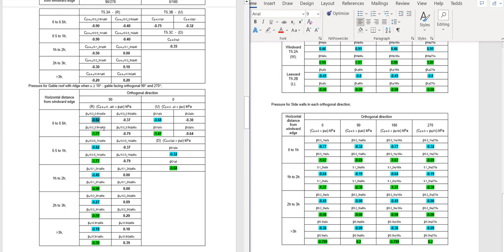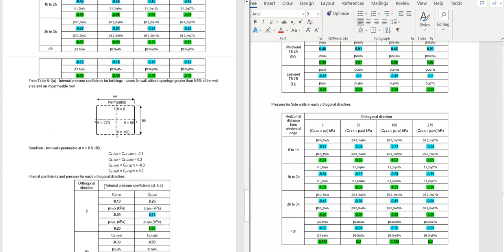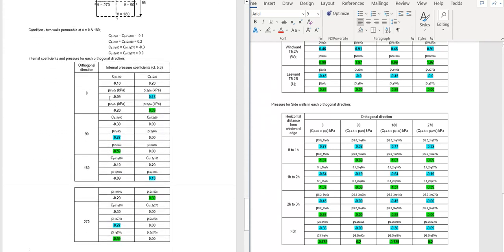To find the net pressure at this particular distance for wind at 90 degrees, you just follow the formula. Get the external pressure, which is negative 0.82, and then subtract the internal pressure, which is here for wind at 90-degree serviceability limit states, negative 0.27.